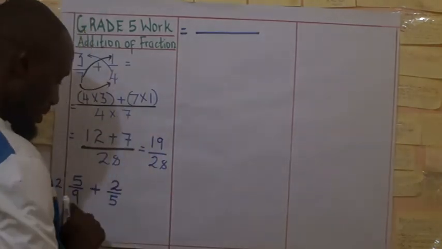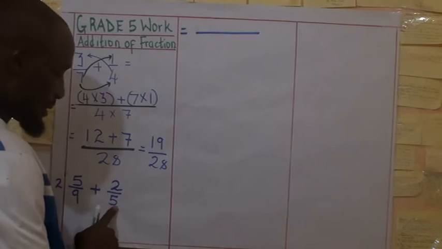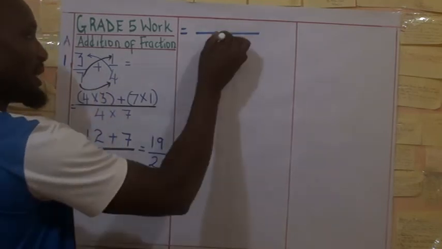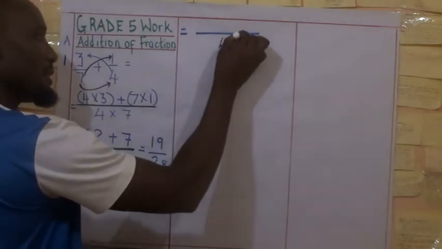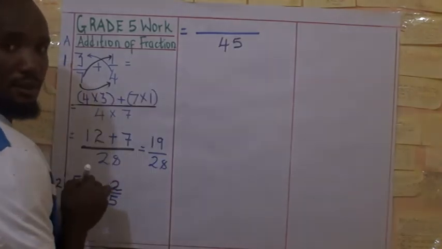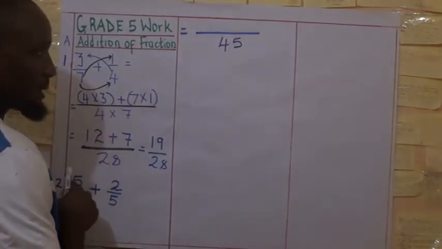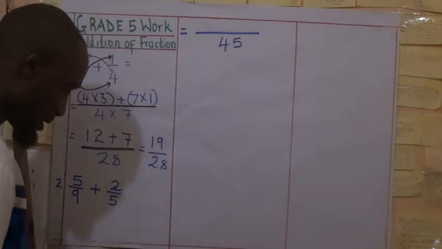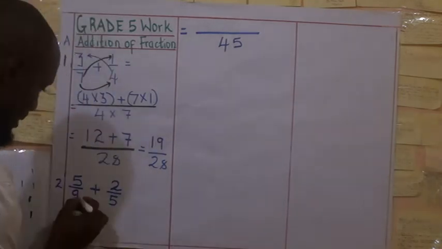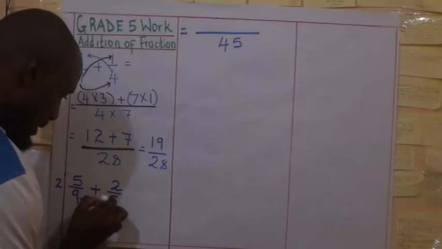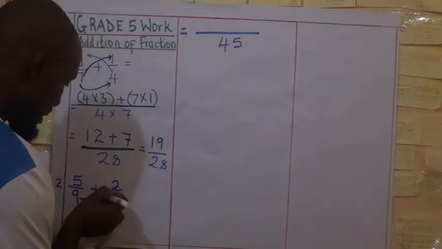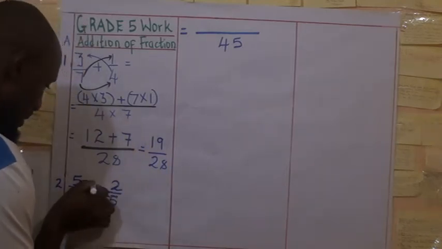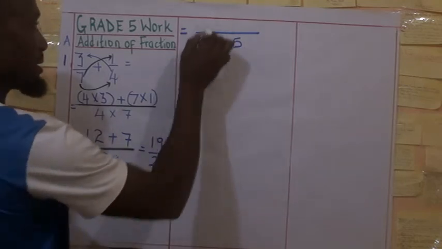Then make sure you multiply 9 times 5, and that is 45. Let me use the arrows to show you what is happening here. It is denominator by denominator, that's number 1. Number 2, denominator by the numerator.